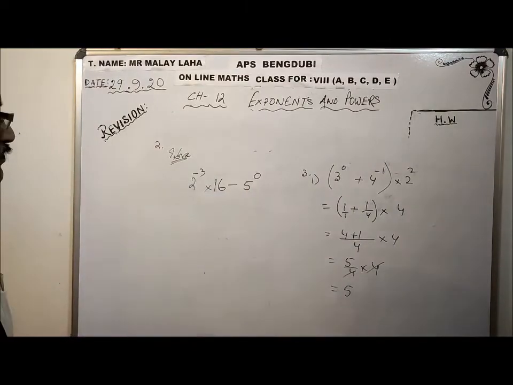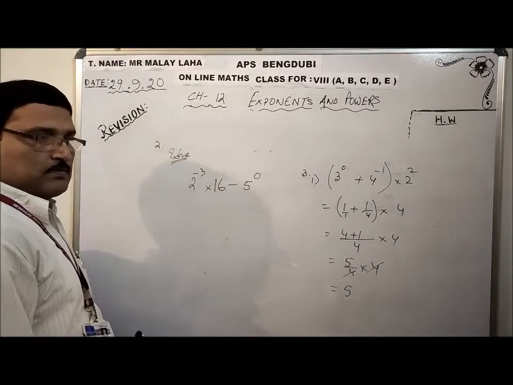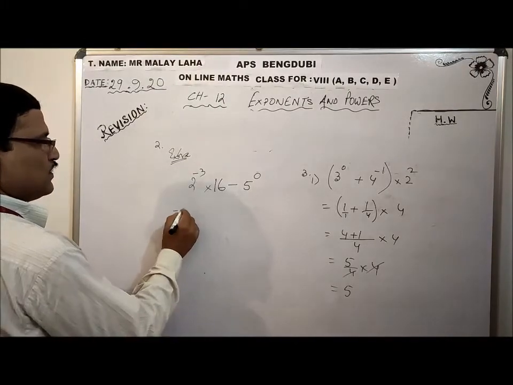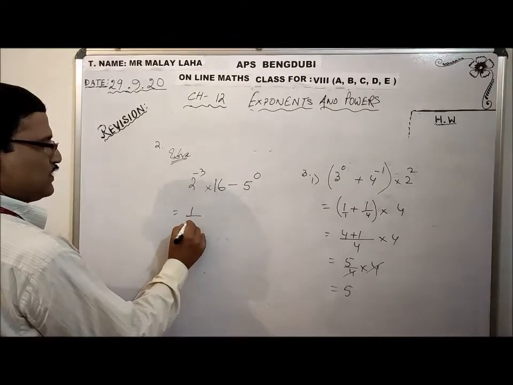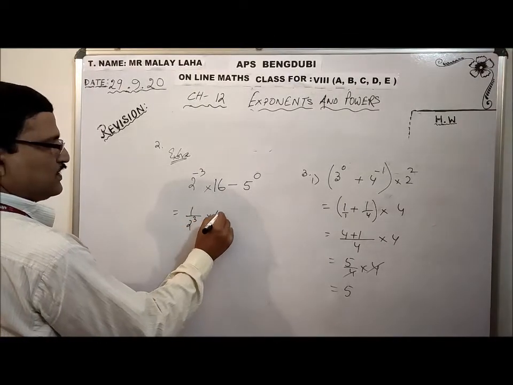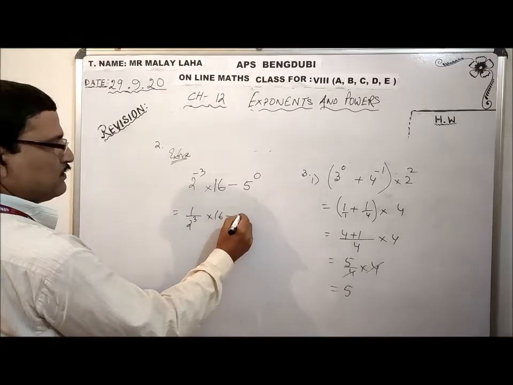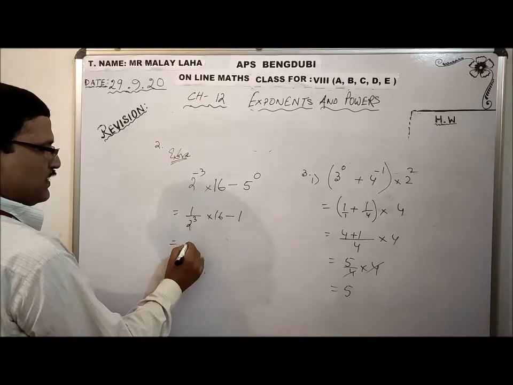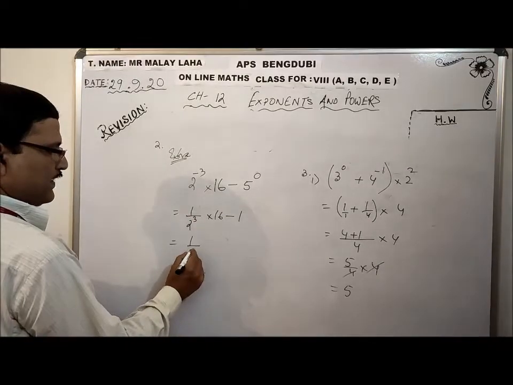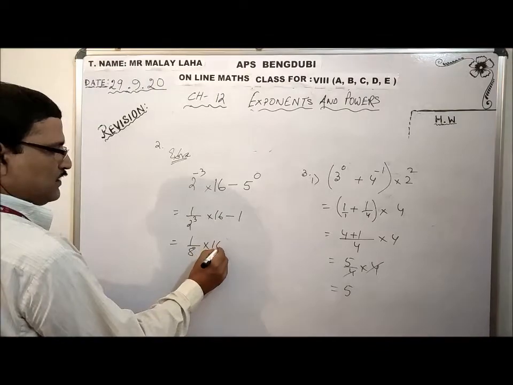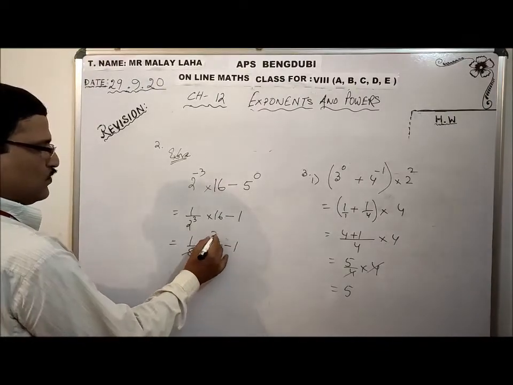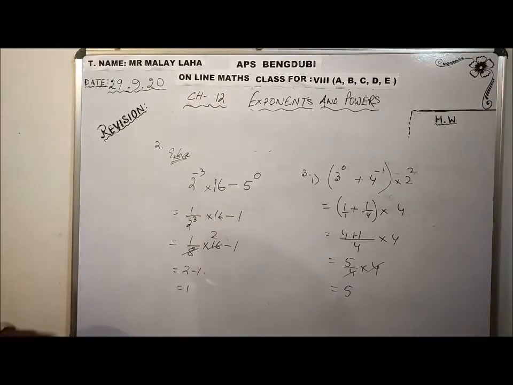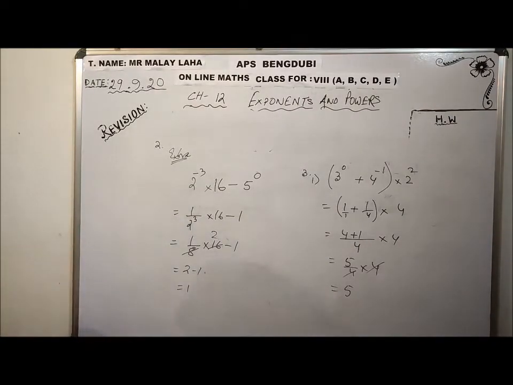Which one will you do first? In BODMAS, first multiplication and division, then addition and subtraction. So make it positive: 1 by 2 raised to 3 into 16, minus, what is the power? 0 means 1. I cannot subtract this one first; the multiplication part will be first. When 2 raised to 3 is simplified, it will be 8 into 16 minus 1. 8 twos are 2, so 2 minus 1 equals 1.